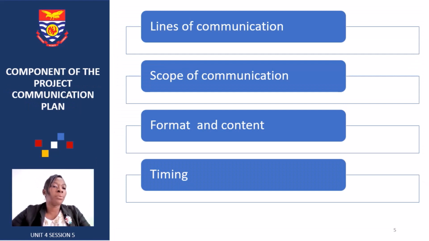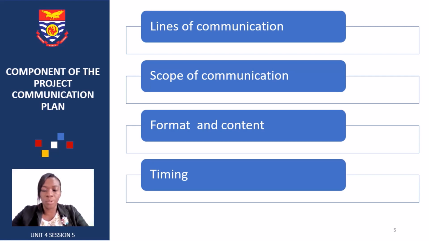The components of the project communication plan are, one, the lines of communication: who does what message go to, and where does it go from there; the scope of the communication; and the format and the content of it. The timing is also key.